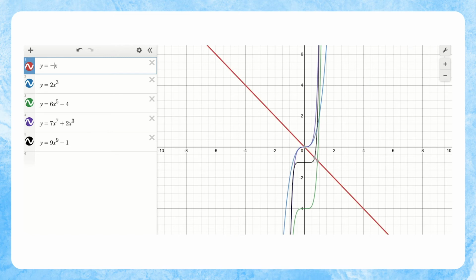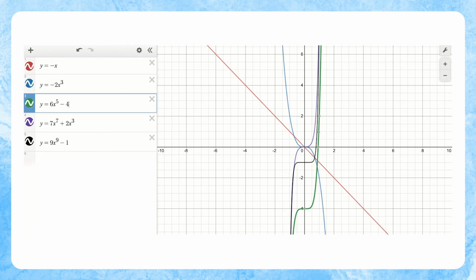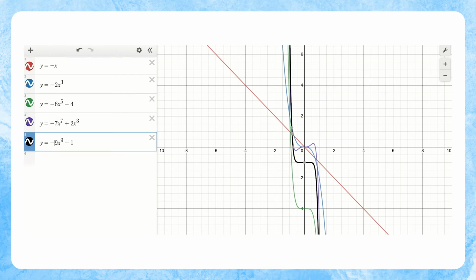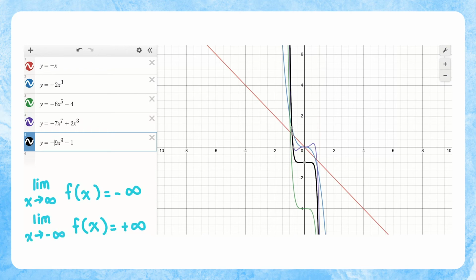So here, I'm going to make all of the leading coefficients negative, and then take a look at how the end behavior changes. Now, the limit of f of x as x approaches infinity is negative infinity.